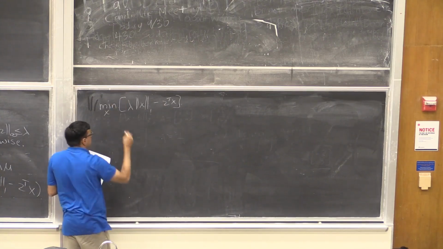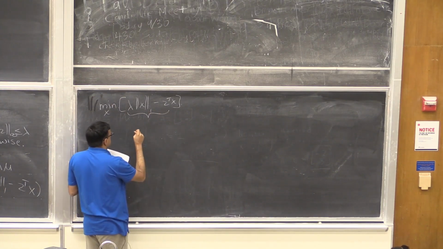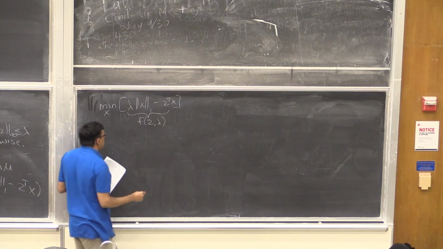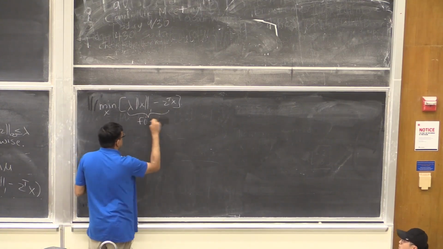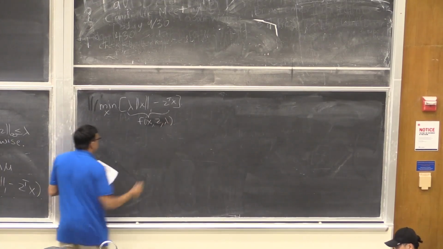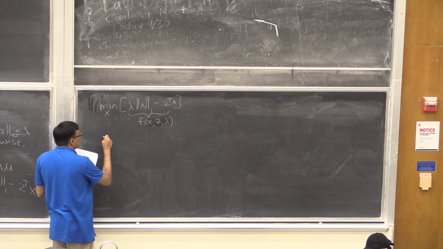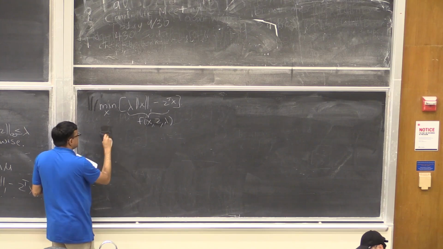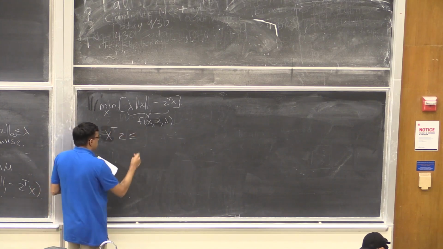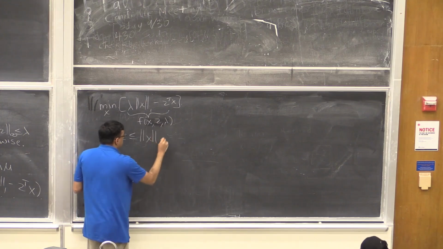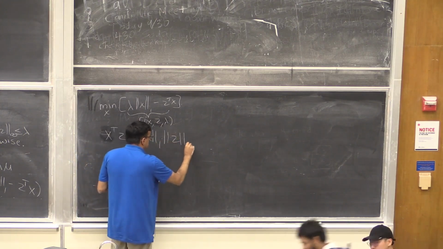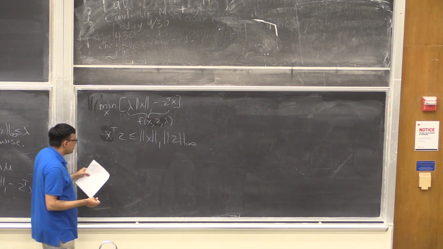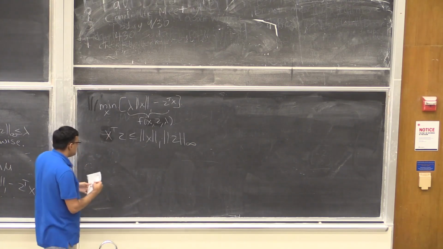So in particular, I'll just call this thing F of x, z, lambda. By Holder's inequality, remember Holder's inequality will tell you that x transpose z is less than or equal to 1 norm of x times infinity norm of z for all x and z, and you can find an x which will always make this an equality.